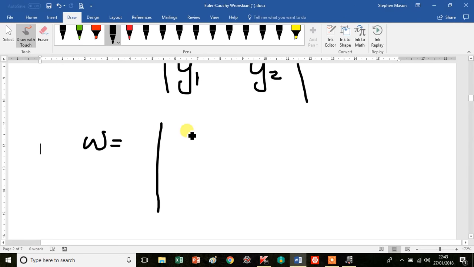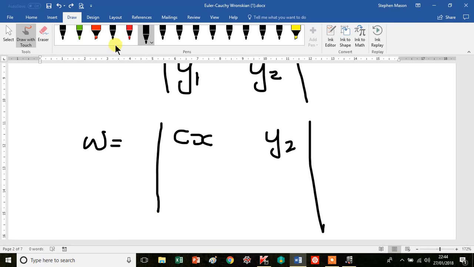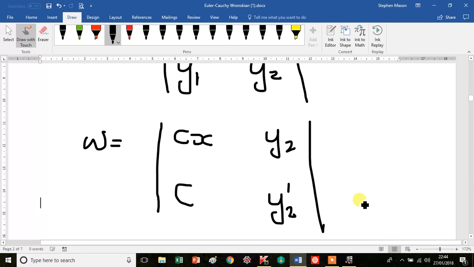So we've got y1, which is cx. We don't know y2, but we do know what y1 prime is because it's just the derivative of this first entry here, which is c. So there we are. C, and y2 just becomes y2 prime. Okay.